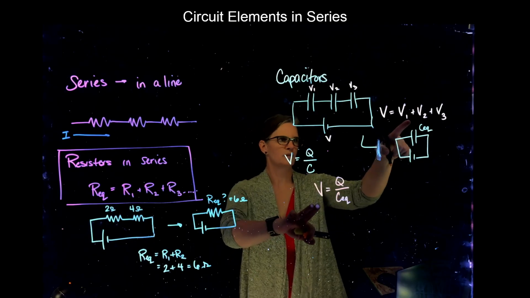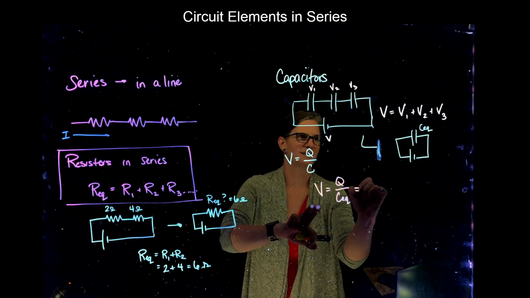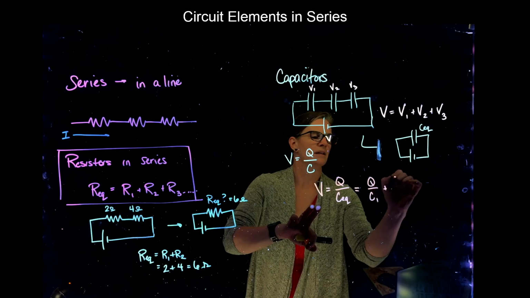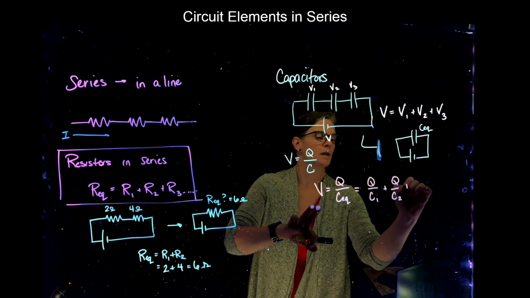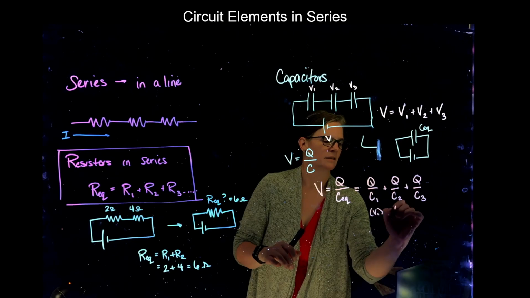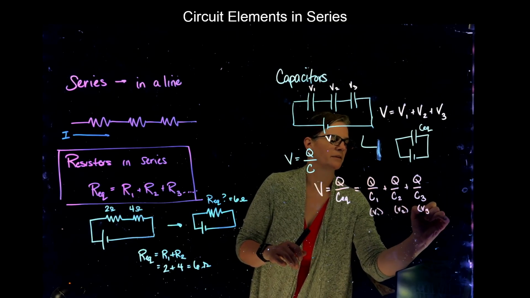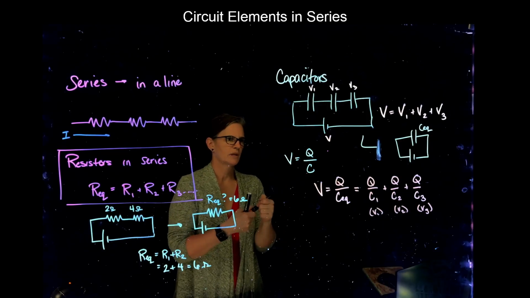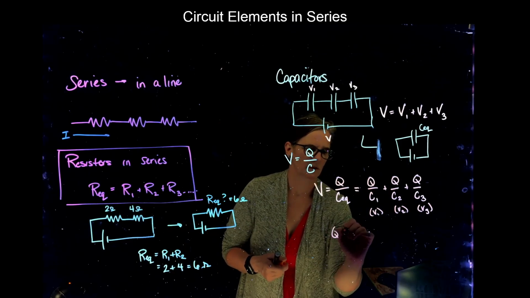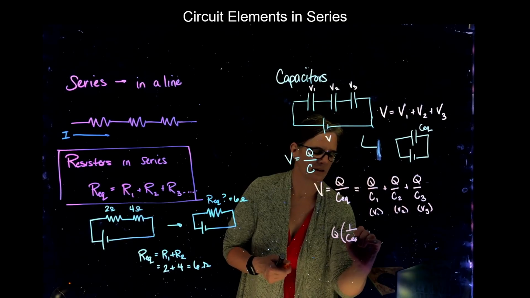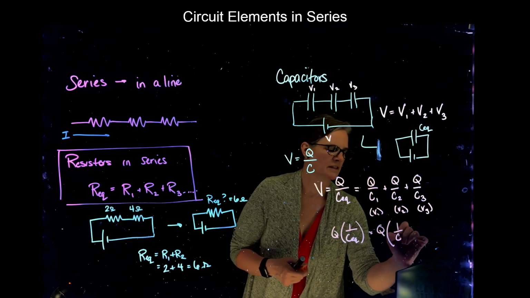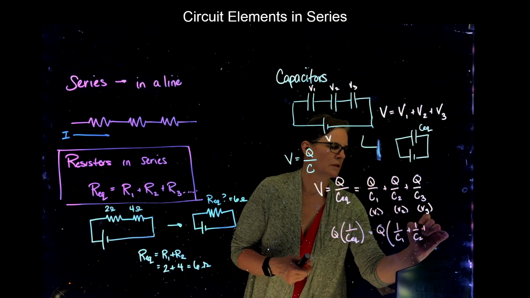We also know the voltage of the battery is the sum of these voltages, so that would be Q over C1 plus Q over C2 plus Q over C3. So this is V1, V2, and V3. I pull Q out of that, and I end up with Q times 1 over the equivalent capacitance equals Q times 1 over C1 plus 1 over C2 plus 1 over C3.